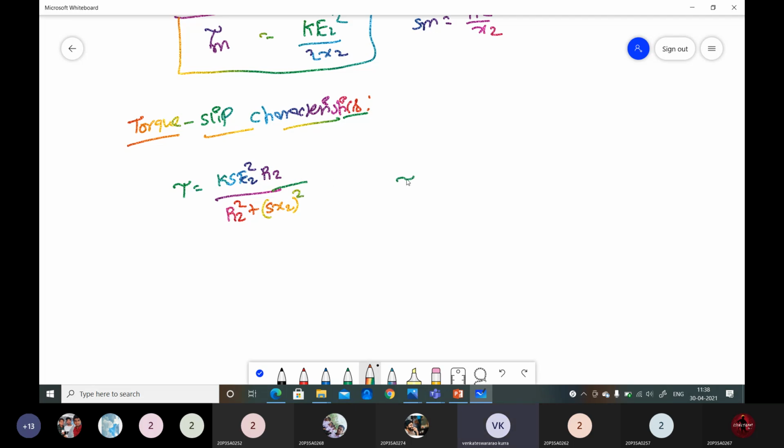Here torque depends on slip. The range of slip is varied from 0 to 1.